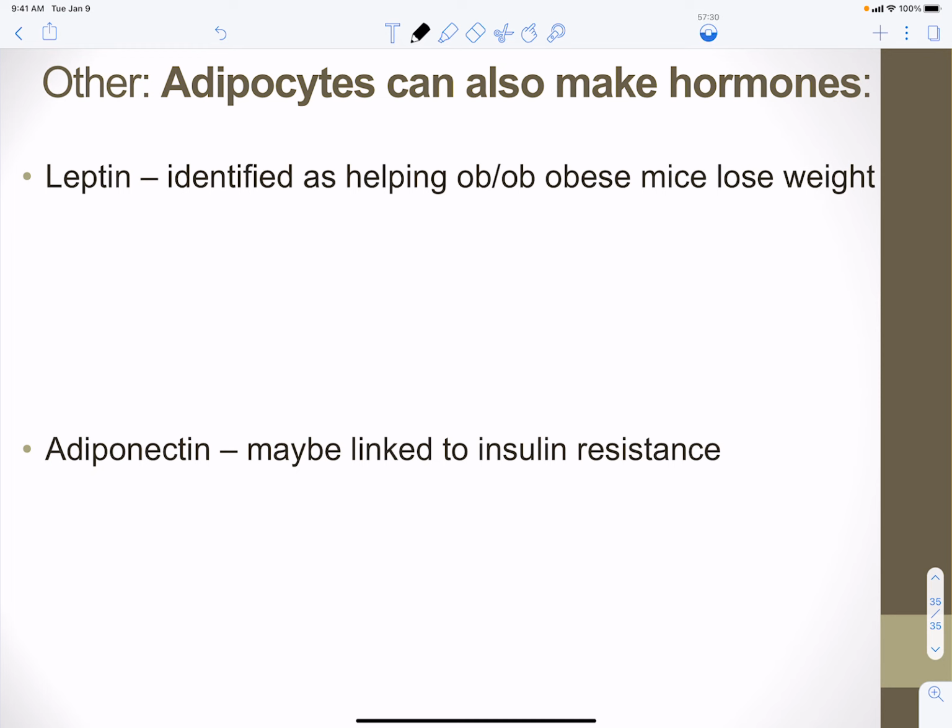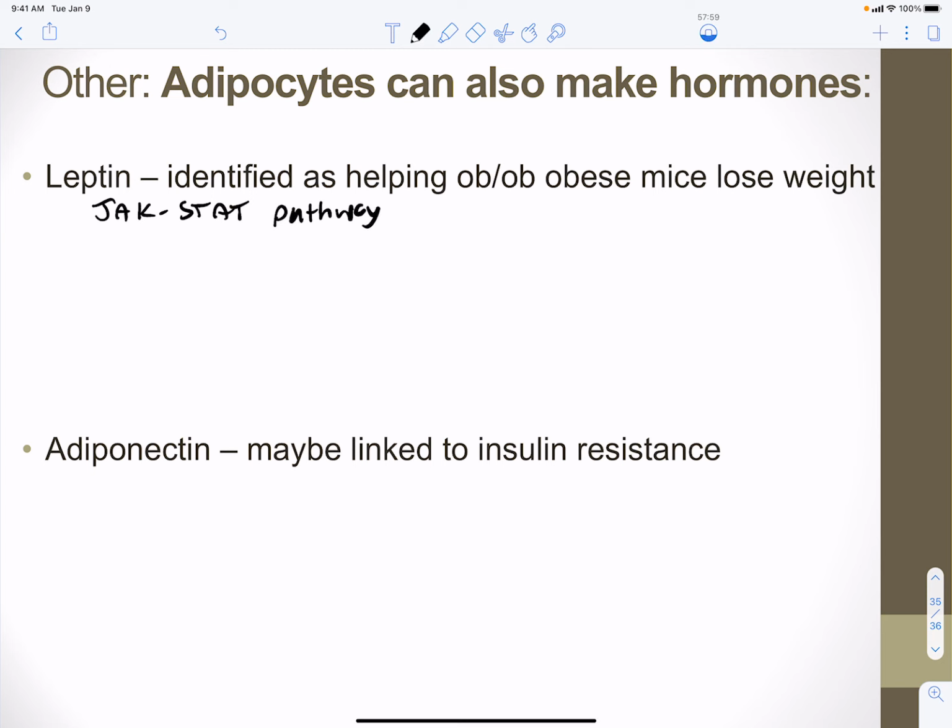Okay, so just a little bit on other things that can happen with respect to our adipocytes. So adipocytes can also make their own hormones. There are two hormones known to be made by these cells. It's leptin and adiponectin. So leptin is going to bind to JAK receptors, and so this is going to bind through that JAK-STAT pathway of signaling.